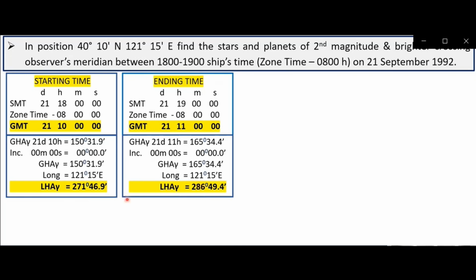Now we find out the SHA of the imaginary star on the observer's meridian at the starting of the interval and at the time of the ending of the interval.